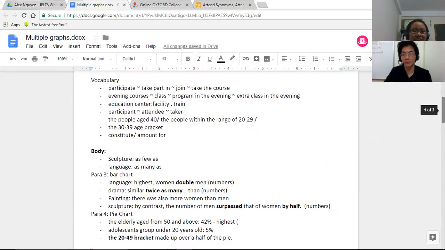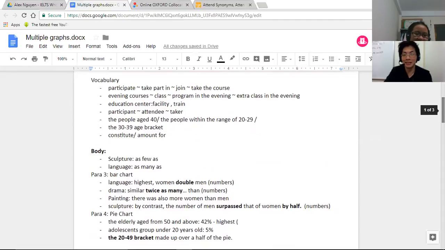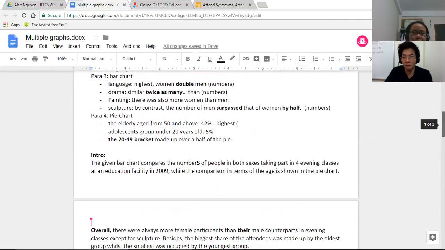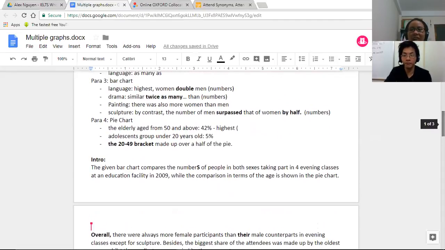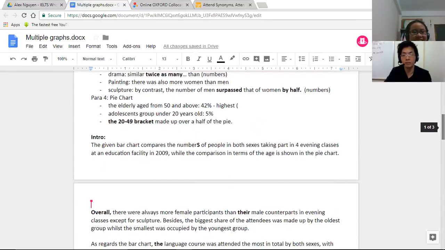Everyone makes that mistake. Don't worry, as long as you do not do that in the real exam. Those are considered minor slips in your writing, if you make them only once or twice, but not three or four times.